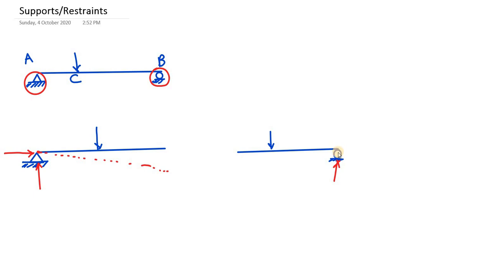If we draw again the deflected shape for the same loading, it will be like this straight line with this rotation. Again, it is not capable of preventing this rotation. So whenever you show the possible reactions of this roller support, you only draw a vertical reaction.